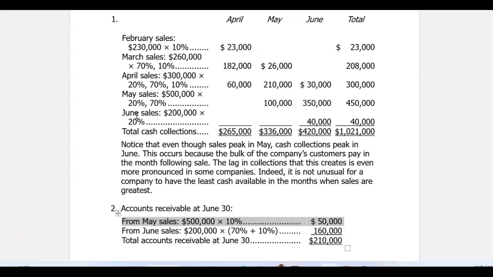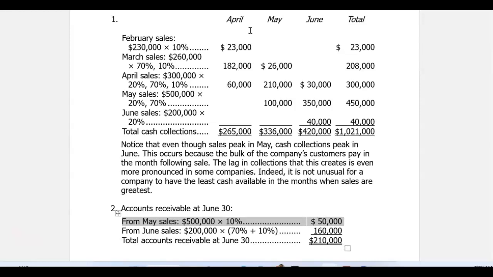Let's go to June. In June, whatever you sell, 20% you will collect, but the 70% and 10% will be collected later on. So that 80% is accounts receivable. So total accounts receivable at the end of the quarter, June, is $210,000.